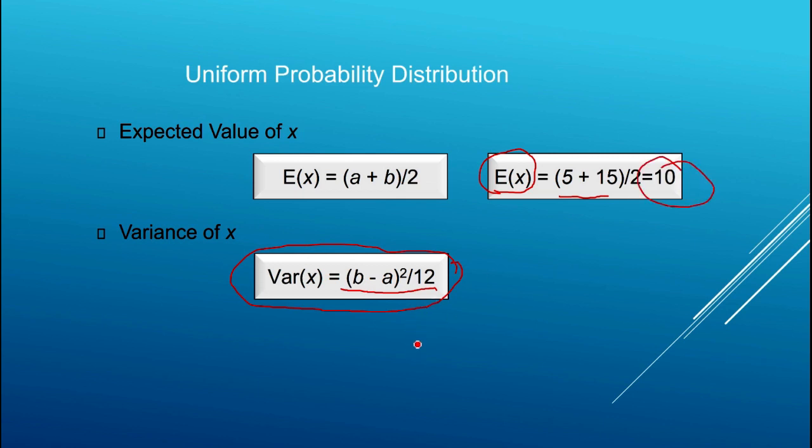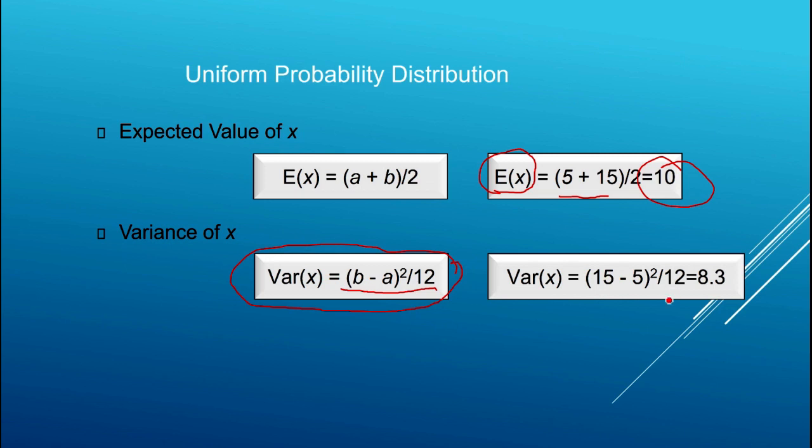And we can also apply the formula for the variance. The variance here is 15, that's the value of b, minus 5, the lower end of the range. We square that and divide it by 12, and we get an answer of 8.3. Now remember that 8.3 is not measured in ounces, as our variable x is.